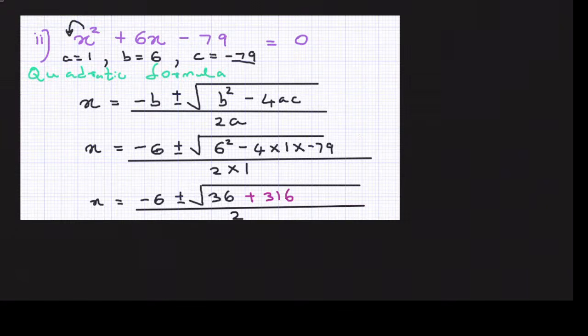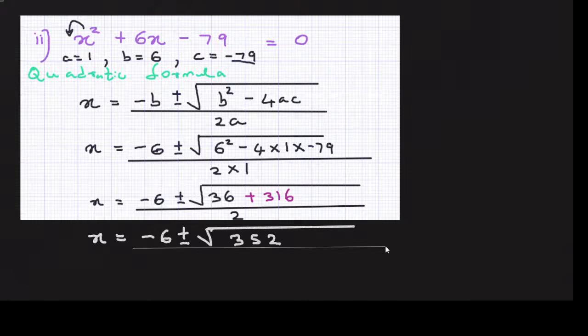We have x equals minus 6 plus or minus the square root of, what is 36 plus 316? It is 352.